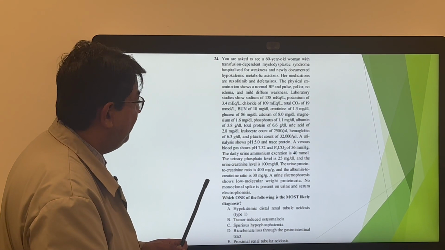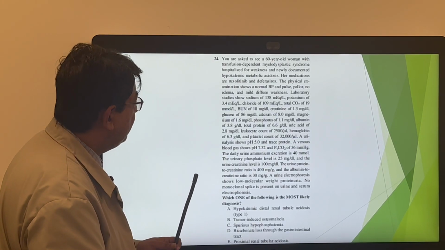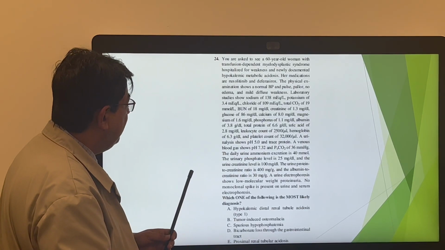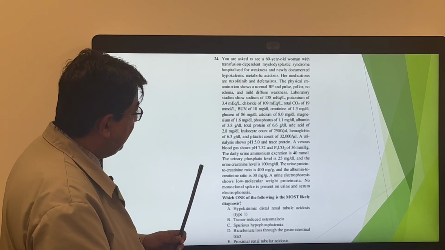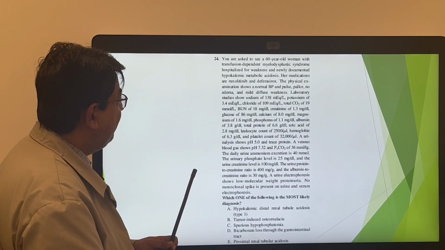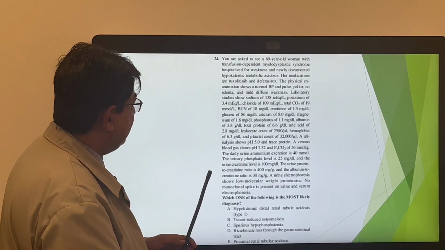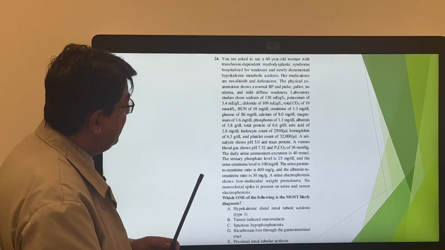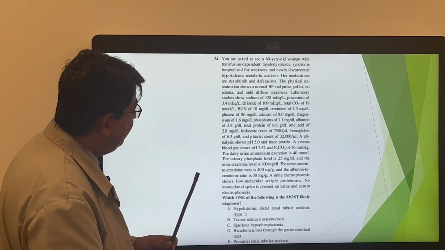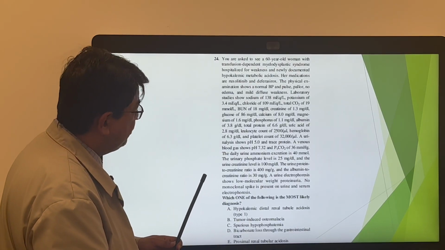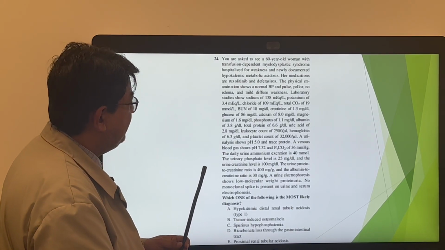Laboratory studies show sodium 138, potassium 3.4, chloride 109, bicarb 19, BUN 18, creatinine 1.3, glucose 86, calcium 8, magnesium 1.6, phosphorus 1.1, albumin 3.8, total protein 6.6, uric acid of 2.8, leukocyte count of 2,500, hemoglobin 6.3, and platelet count of 32,000. Urinalysis shows pH 5.0 and trace protein.